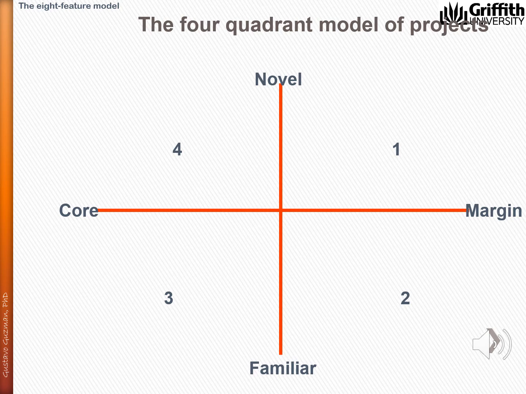Quadrant 4 projects are perceived as affecting the core of the organization. Solutions, technologies, and processes used in those projects are very different from existing arrangements. So, multiple problems are likely to emerge during the development of projects located in quadrant 4.